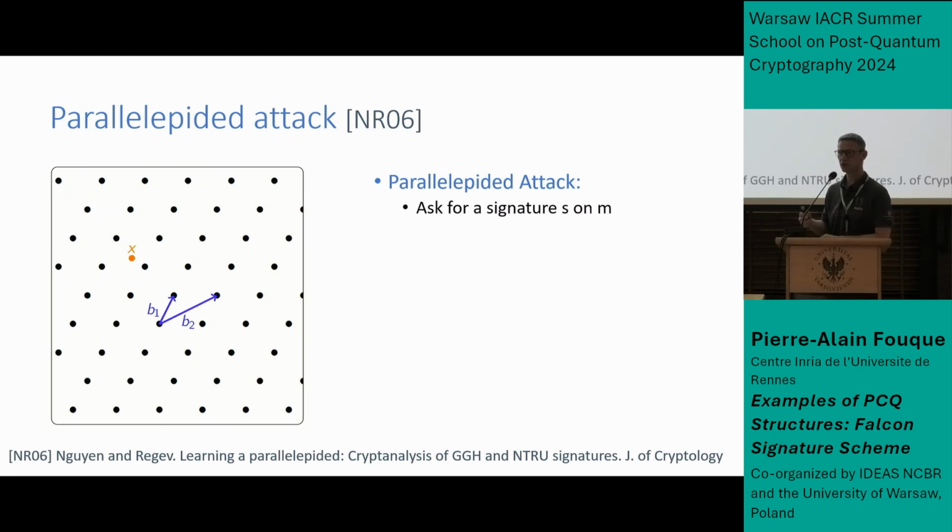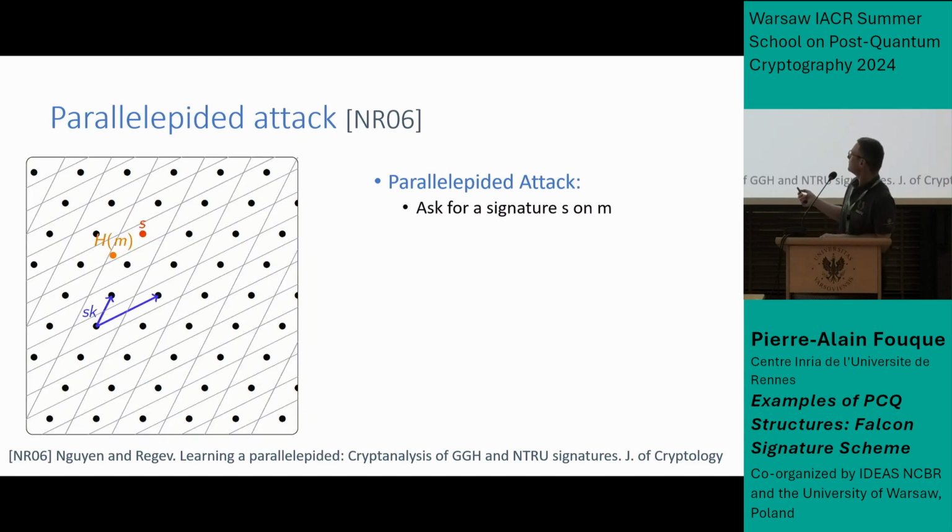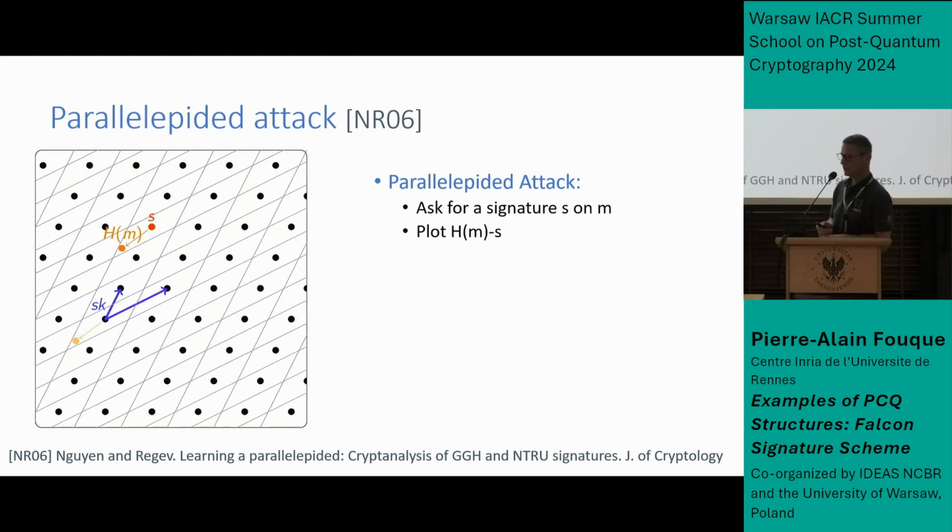The idea is just to ask for many different signatures. We ask for a signature for the hash of a message. It will answer and give you the value S. Once you have the value S, you compute the difference between these two, and you make this vector from the origin of the lattice.